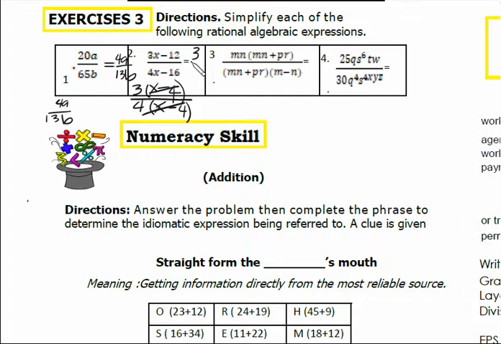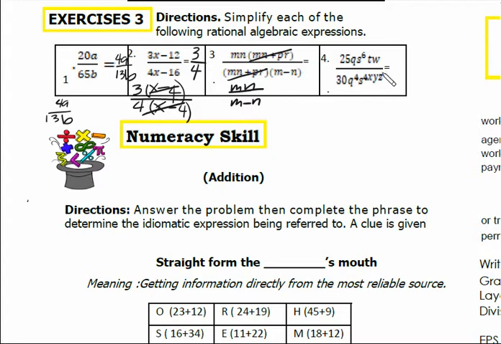Let me write it here, 3/4. Now for number 3, we can cancel mn plus pr, so cancel this. This is 1. Then we have m all over m minus n.